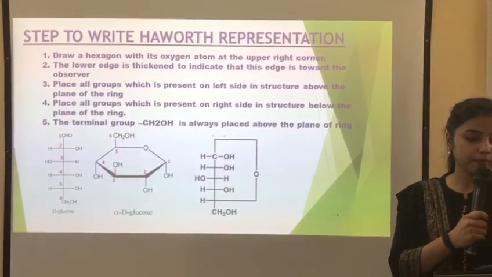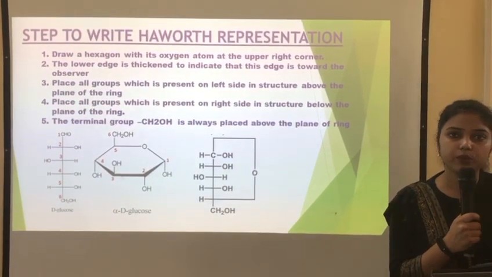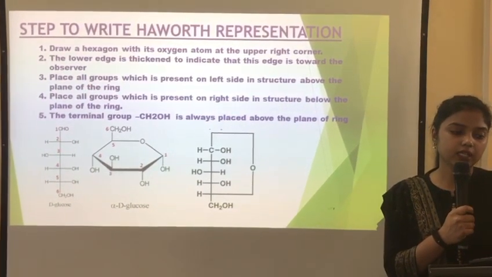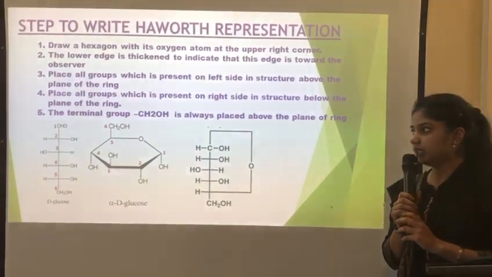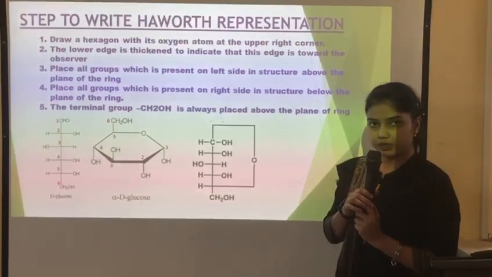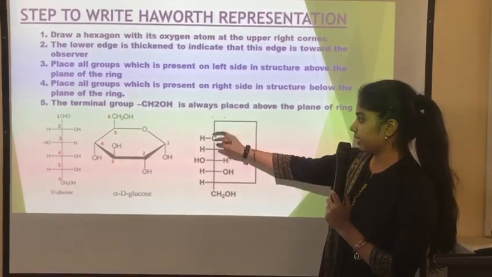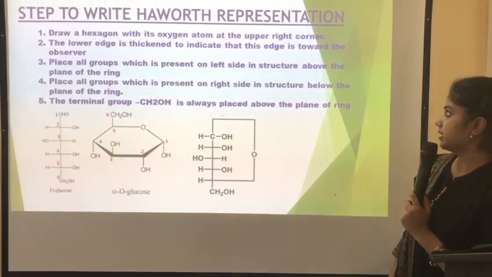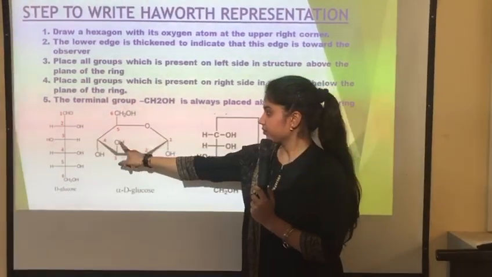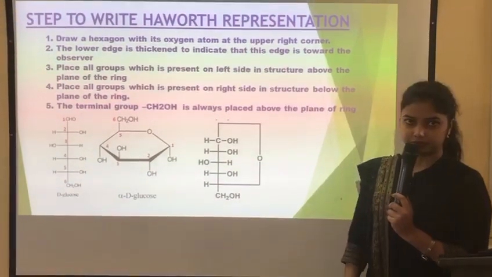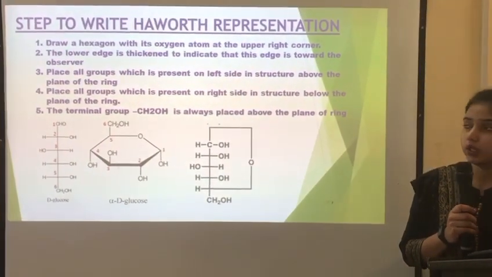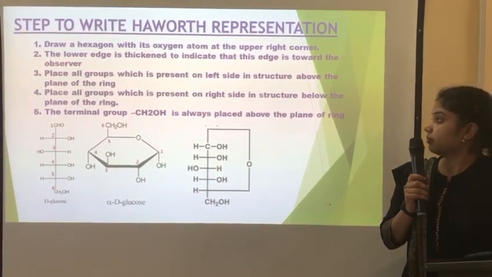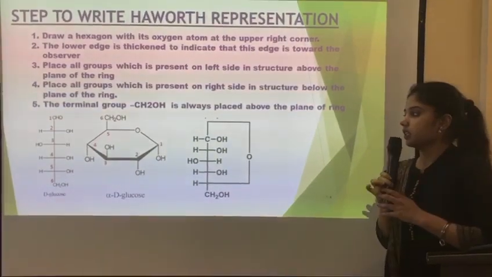The next step is to place all the groups which are present on the left side in the structure above the plane of the ring. It means all the groups that are present on the left side are above, and all the groups which are present on the right side are below the plane of the ring.